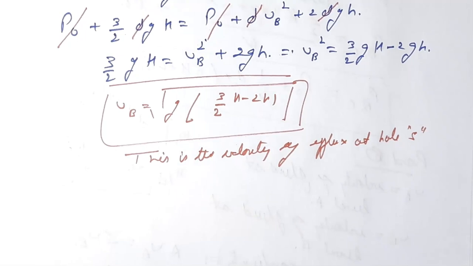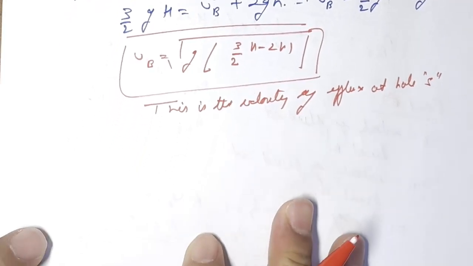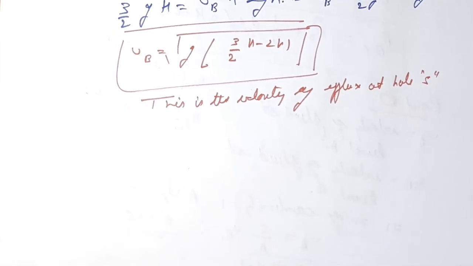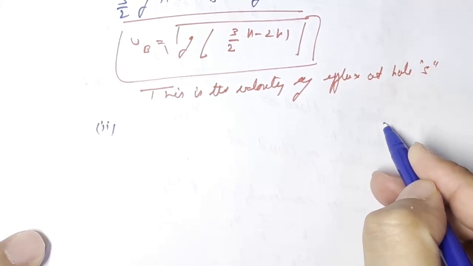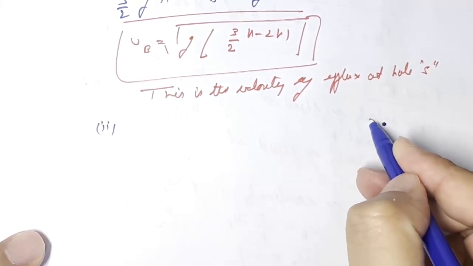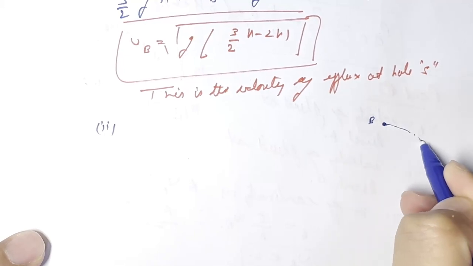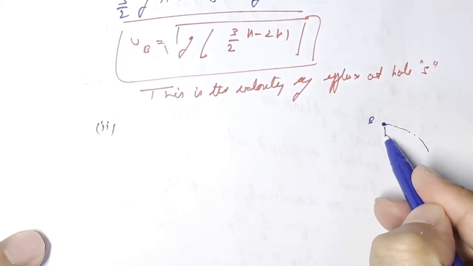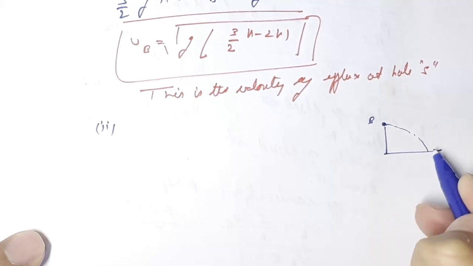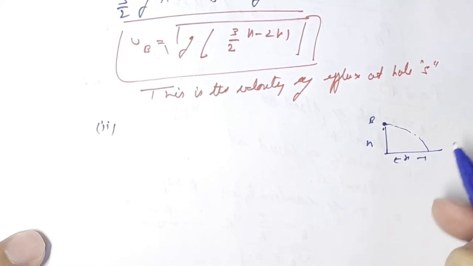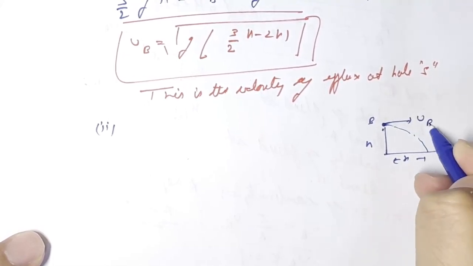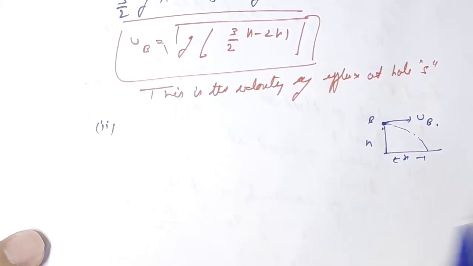Part 2 is supposed to find out the horizontal distance traveled by the liquid initially. So we solve part 2. For that, let us draw, this is our point B, and the liquid something like this, a shape of projectile, and its height is given as h, and let us call the horizontal distance x, and the velocity of efflux we just calculated is Vb.